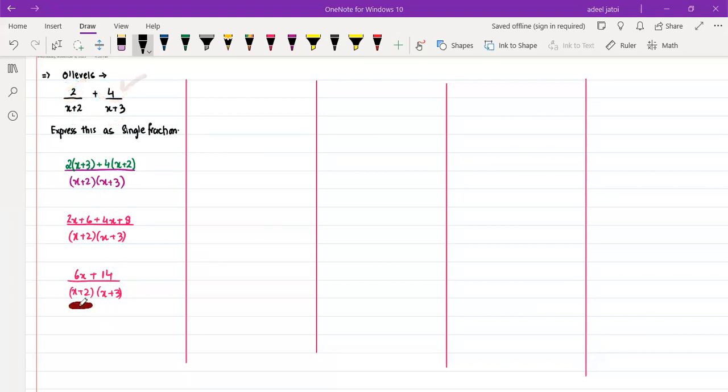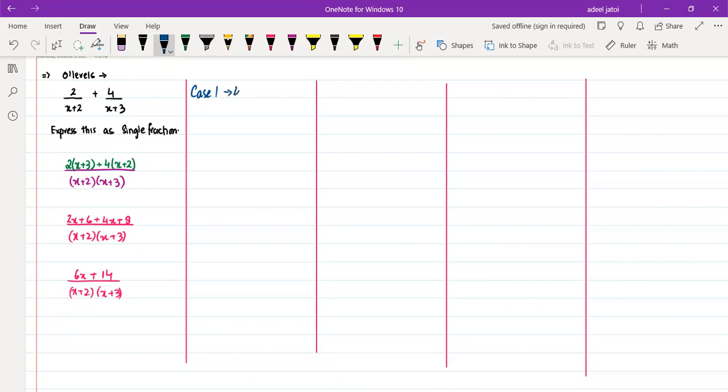Obviously you already know that in the denominator you will have x plus 2, x plus 3, but you need to find out the values in the numerator. So there is a certain step that you need to follow. First of all, you need to understand that there are 4 cases of partial fractions. So we'll be doing the first case.